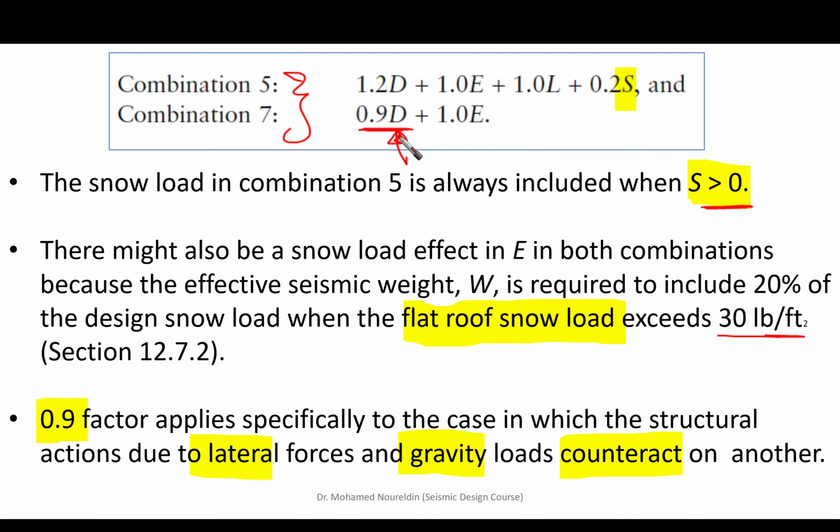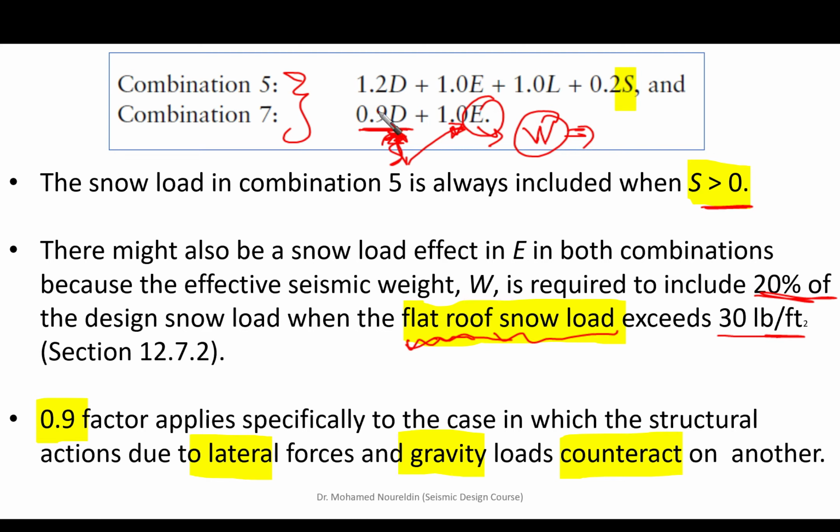Yes, I'm sorry, it's not in D. It should be in E. It is not in D, it is in E, because E is related to the seismic weight, and the seismic weight includes some portion of the snow load in the case of the flat roof, which is 20% of it. So snow load is already included here, even though it's not explicitly written in the equation.